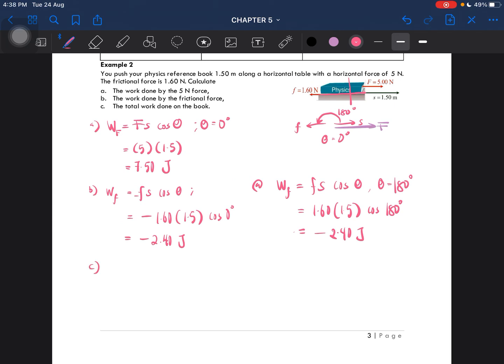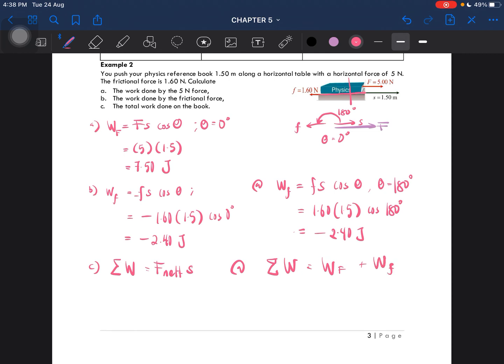Okay? Right, now question C, we have to find the total work. We can either use the formula F net S, or you can also just add in both the values that you've calculated just now.